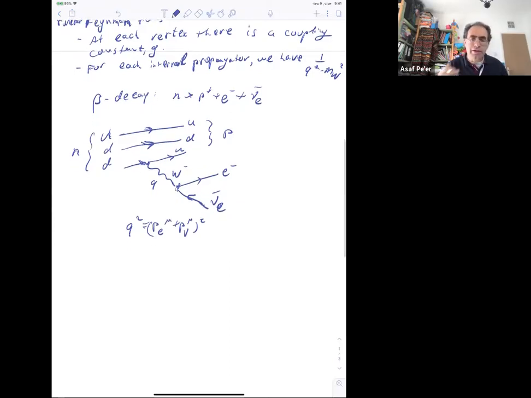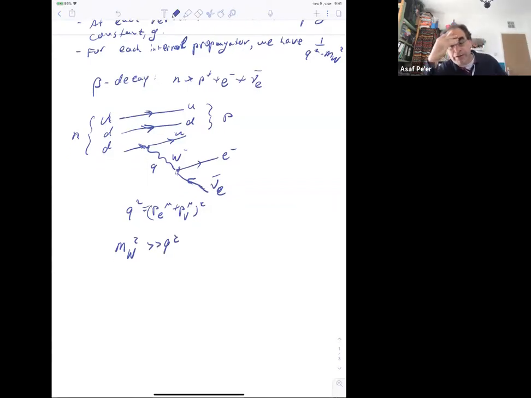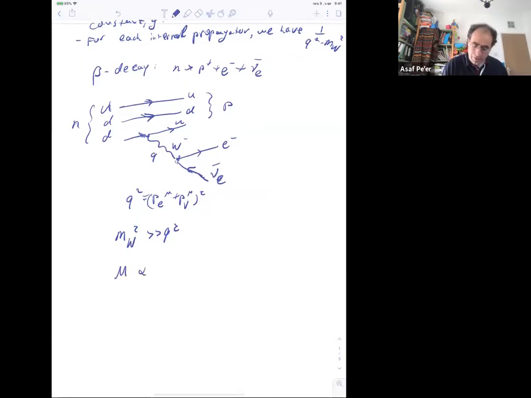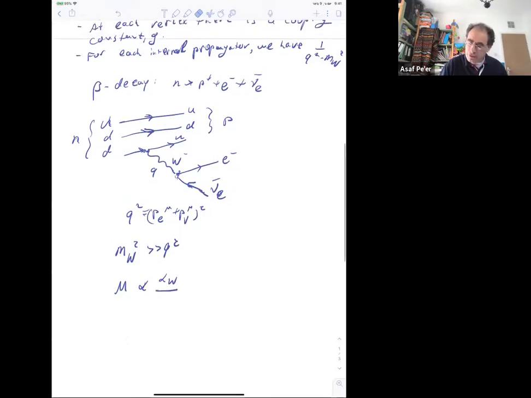So it's essentially a virtual particle. We have m_W squared needing to be much greater than q squared, which means that the amplitude of the process goes as g squared, which is just alpha weak, divided by m squared, because we have this 1 over q squared minus m squared, and m is much greater than q.